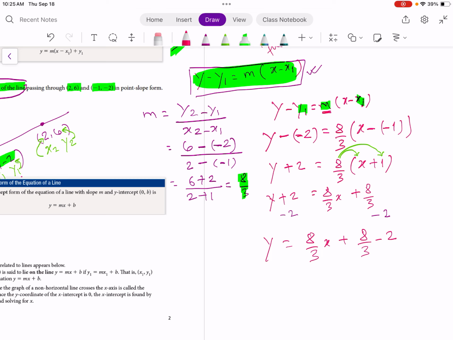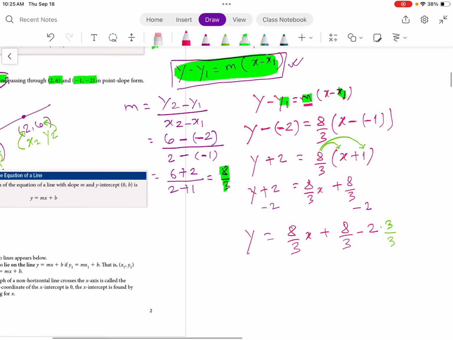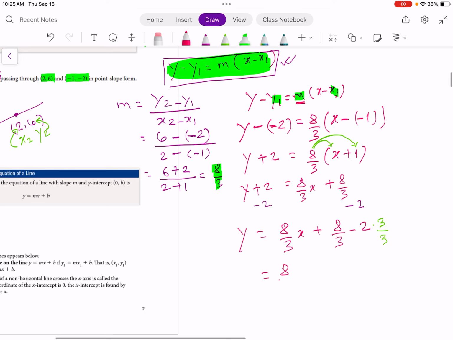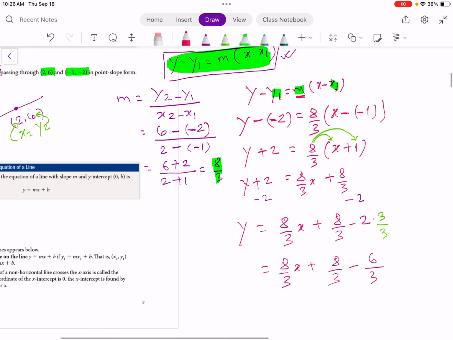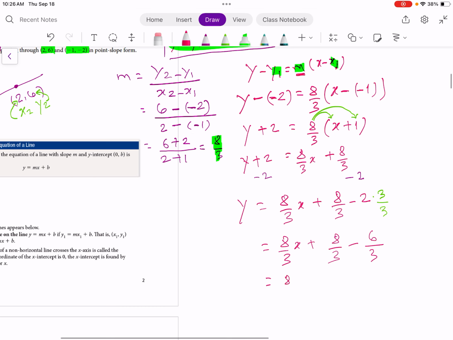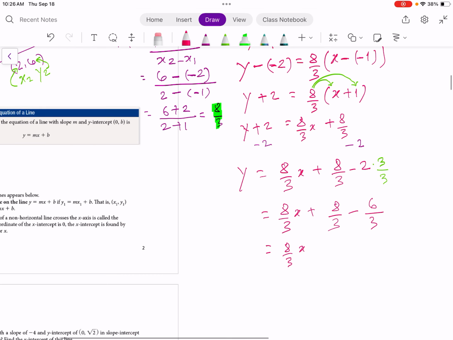Now we have a fraction and we are subtracting, so we need a common denominator. Let's multiply 2 by 3 in the numerator and denominator, since 3 is the common denominator. Now here we have 8/3x plus 8/3 minus 2 times 3, 6, divided by 3. This is 8 over 3x.